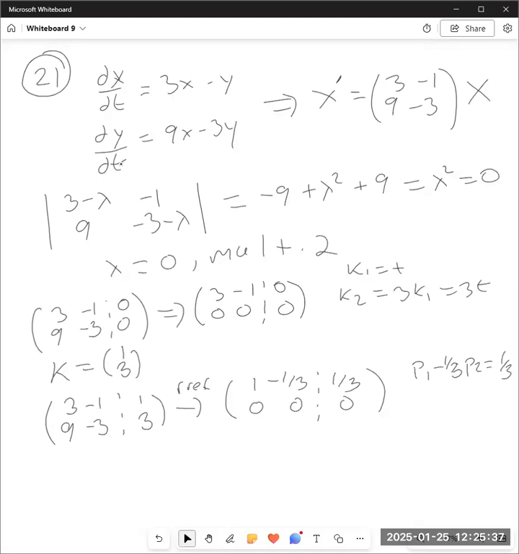And that gives me, if I let P1 be 2/3 and P2 be 1, then I could come out with 1/3 over here.